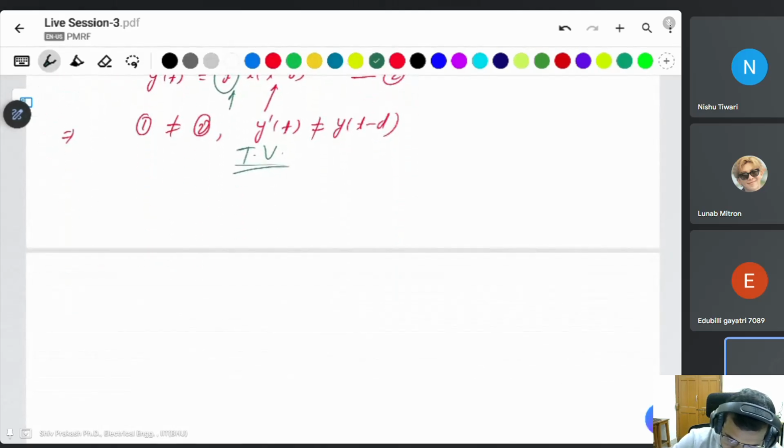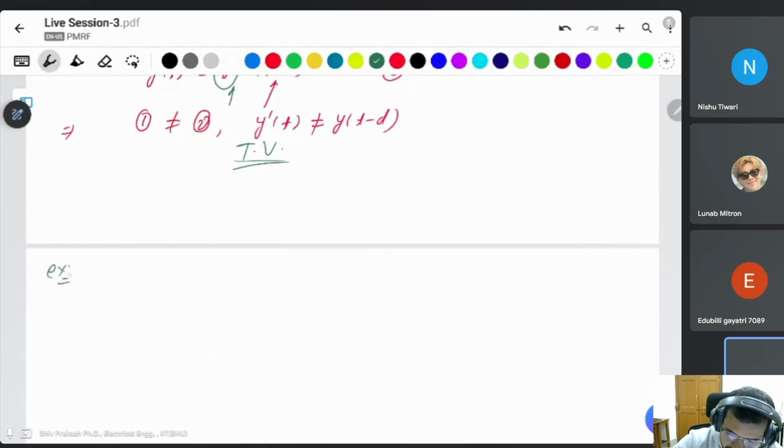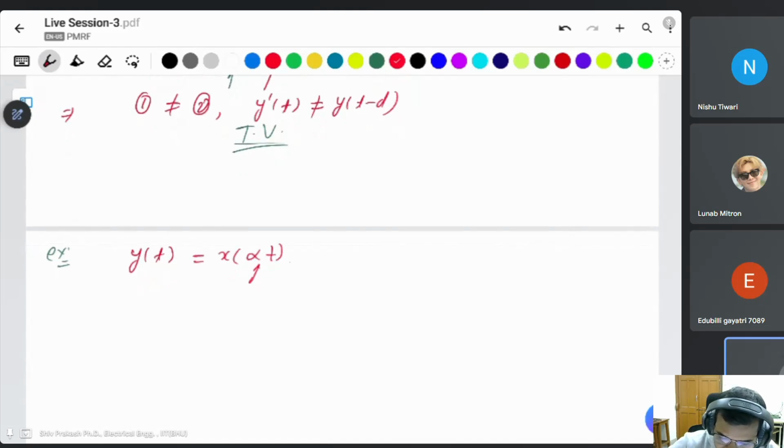Next example, suppose y(t) is equal to x(αt). There is some scaling in time. Then if you apply some delay, the system behavior will be different.